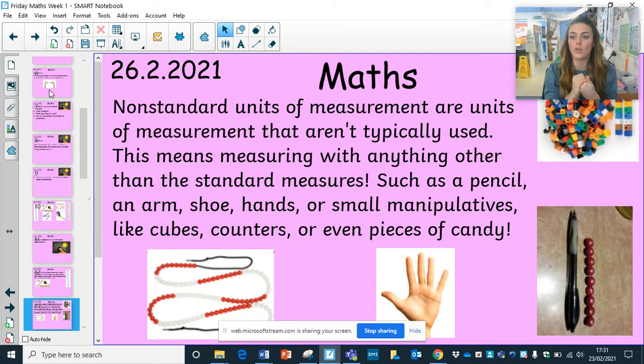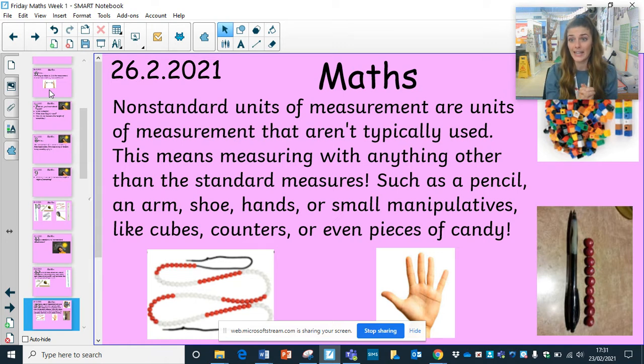Non-standard units of measurement are units of measurement that aren't typically used. This means measuring with anything other than the standard measures. So not using a ruler, a meter stick or a tape measure. It could be absolutely anything. I've seen some of you share cars, it could be sweets, bead strings, hands, feet. Any of those are non-standard measurements because, as we discussed, some of those are less accurate.